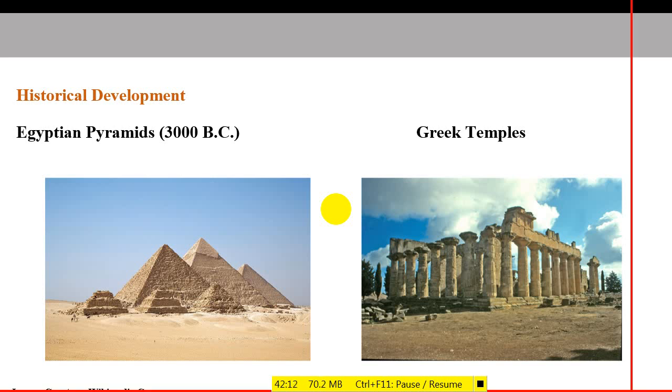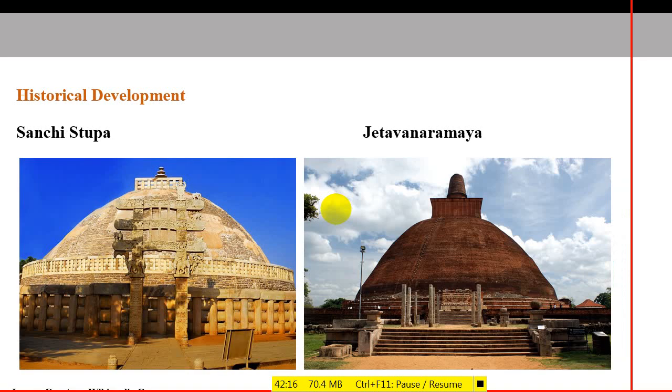So these are Greek temples, Egyptian pyramids, and then we have stupas. You have the evidence of stupas in this country, but we don't have much evidence of palaces. If you are a king, you would build a stupa.